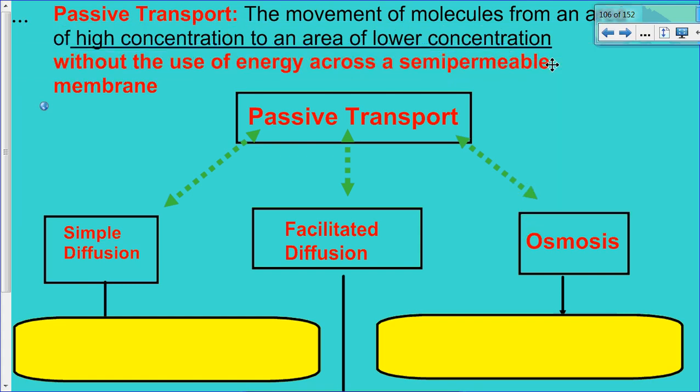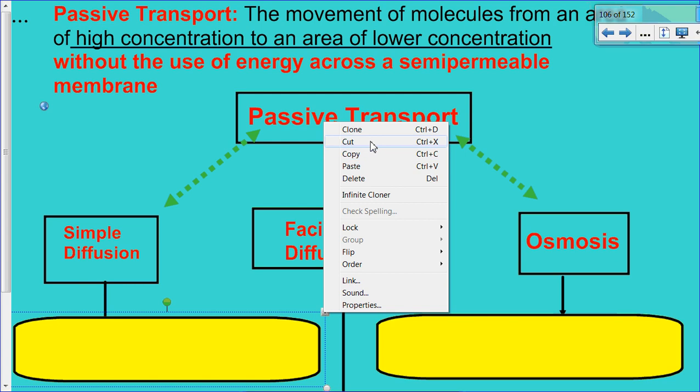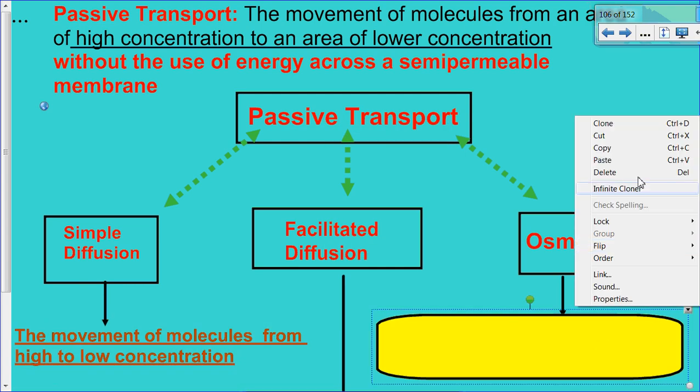We said passive transport is a very important concept in biology because it's the way we explain how molecules, in particular small molecules, can move into and out of a cell and cross that selectively permeable membrane called the cell membrane. And we said, and we placed in our notes, that there are a few different forms of this passive transport.